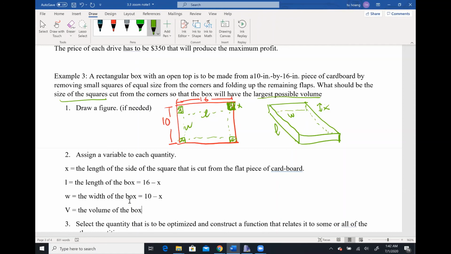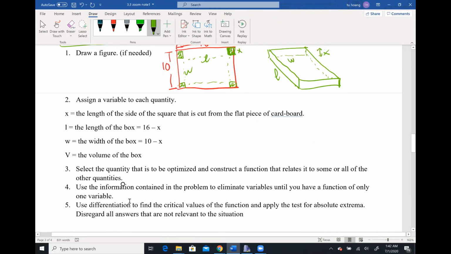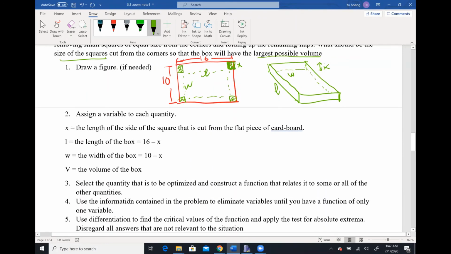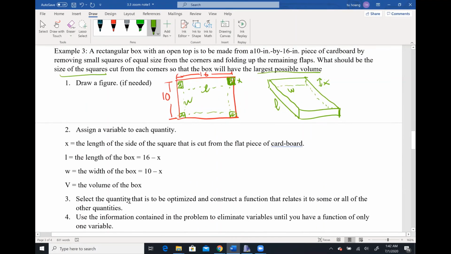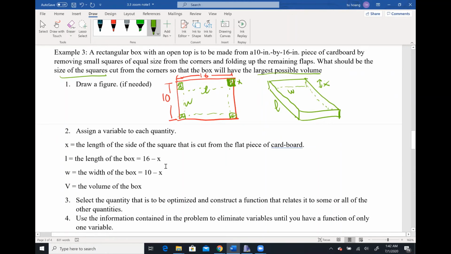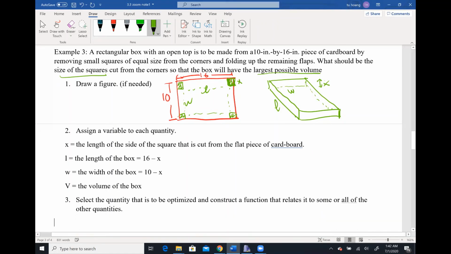Now we move to step 3: select the quantity to be optimized and construct the function. What is the thing that we optimize? Volume, right? See the sentence here, largest possible volume. So we want a volume function.